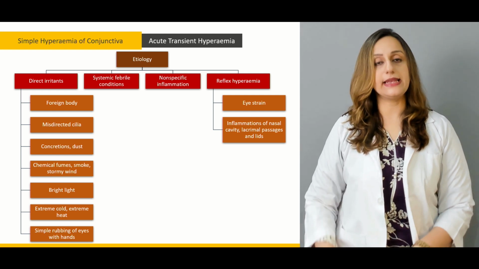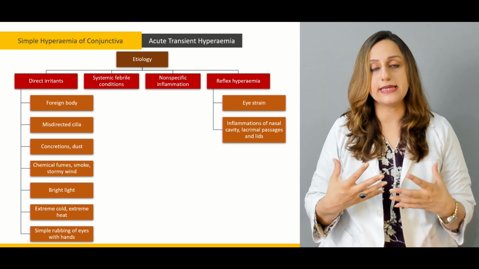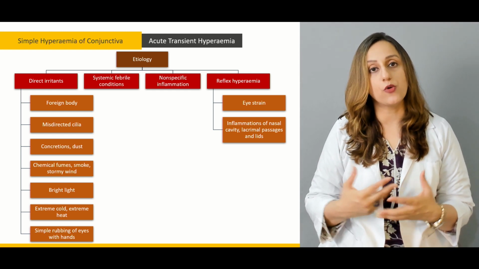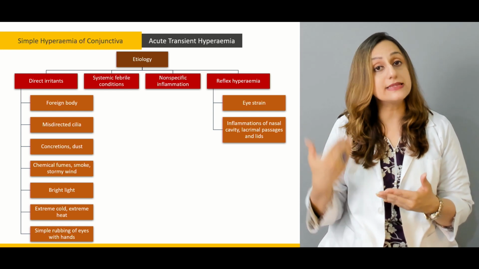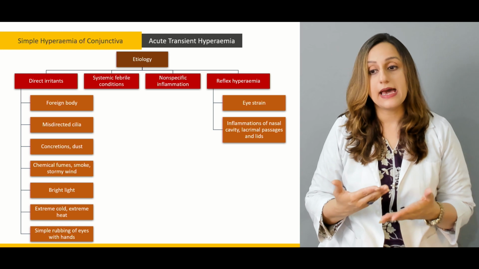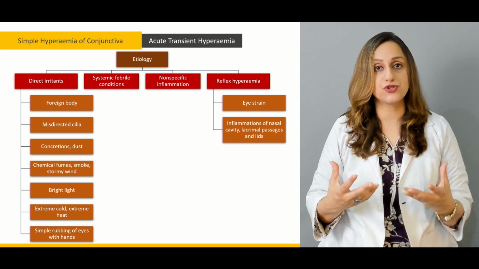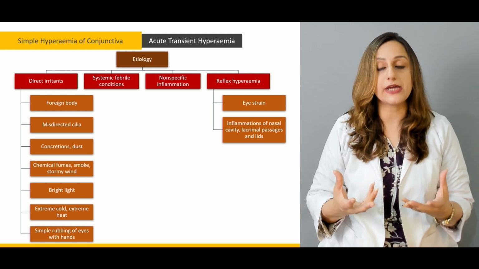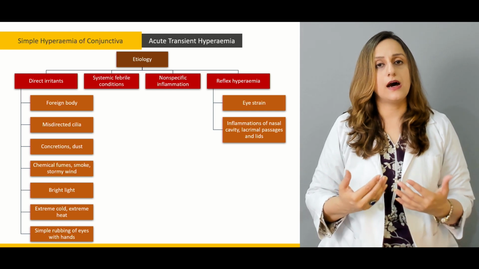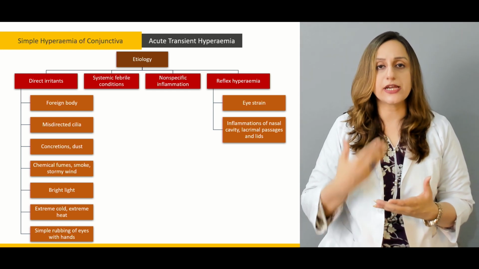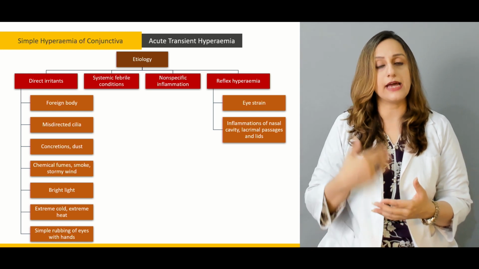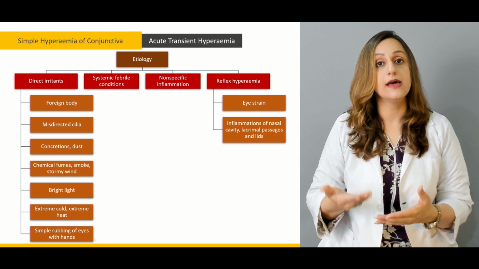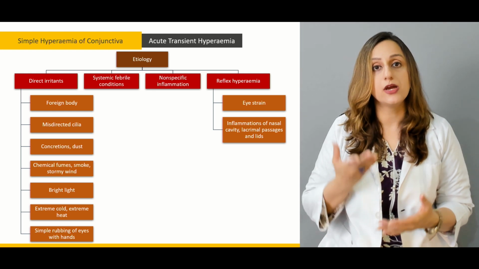Then obviously any local inflammations that are in close relation to the orbital cavity. For example, inflammations can pass on from the nasal cavity to the orbital cavity, as well as from the lacrimal passages, or if the lids are involved. And finally, even some of the infections can pass on from the orbital cavity to the cranial cavity, and from the cranial cavity vice versa, they can transfer on to the orbital cavity.